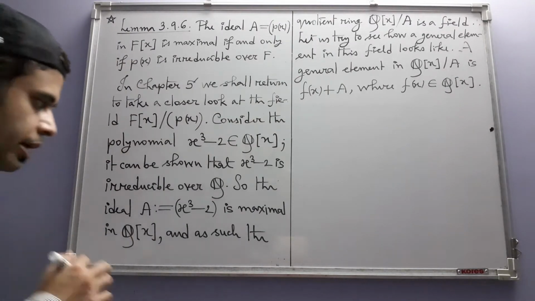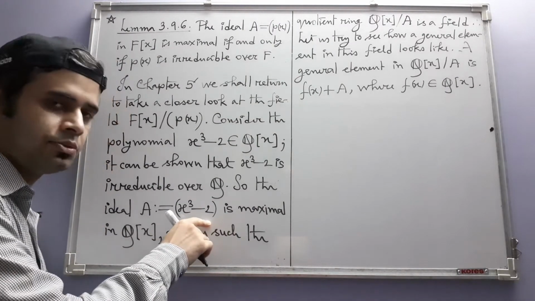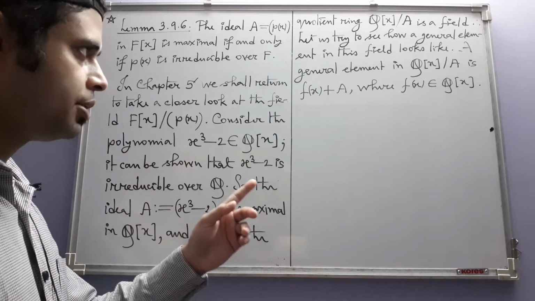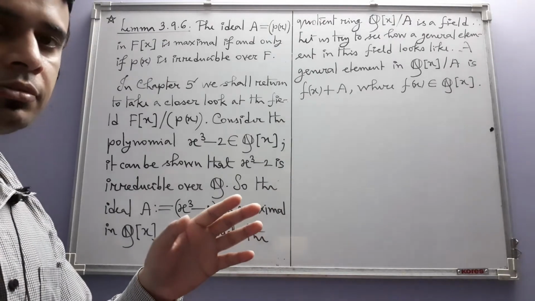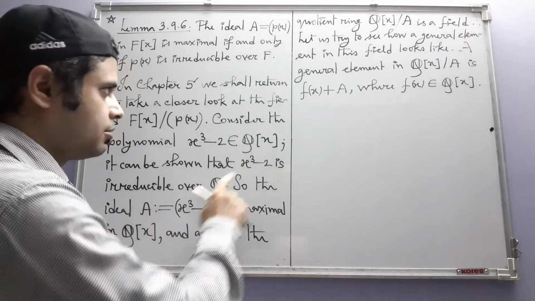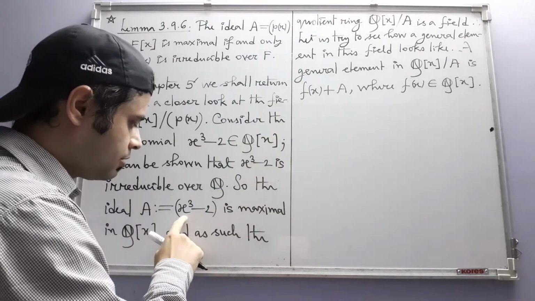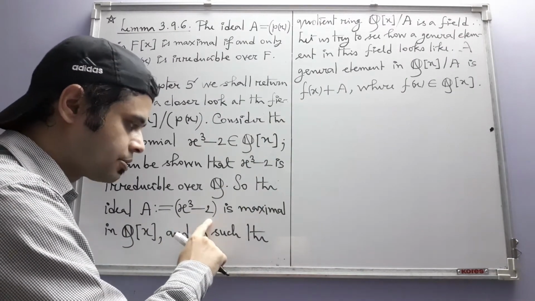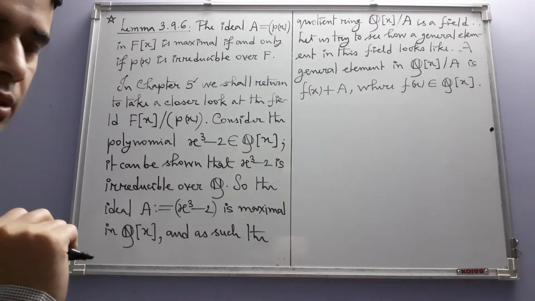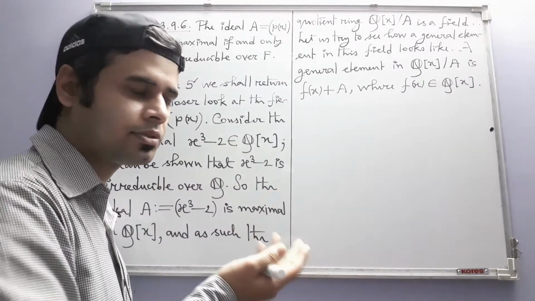Now note that since x cube minus 2 is a non-zero polynomial in our polynomial ring, we have the division algorithm because it's a Euclidean ring, so we can divide fx by this non-zero polynomial x cube minus 2. Doing that, we will get a quotient and a remainder. They are themselves polynomials.